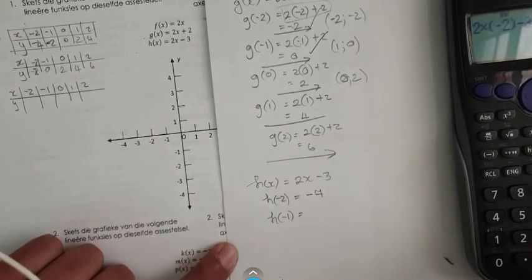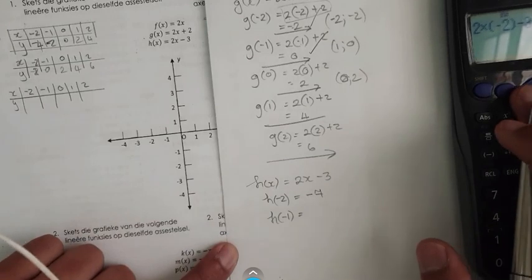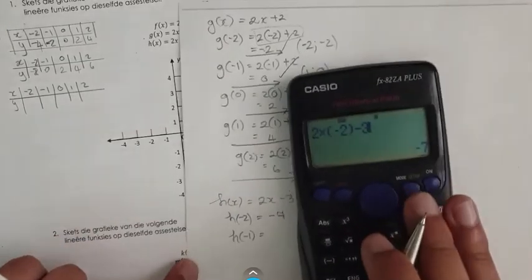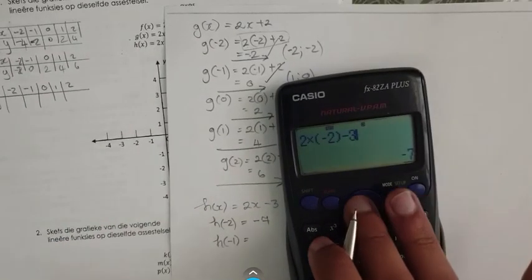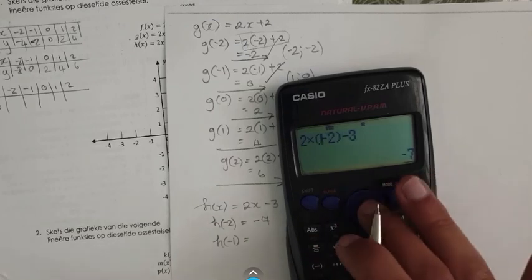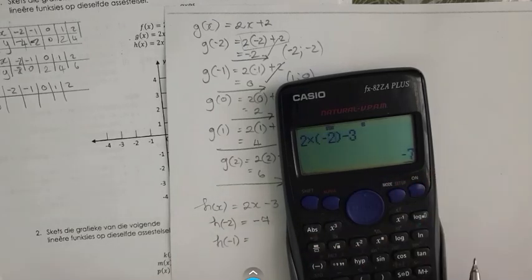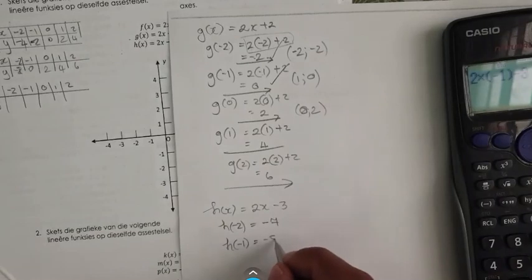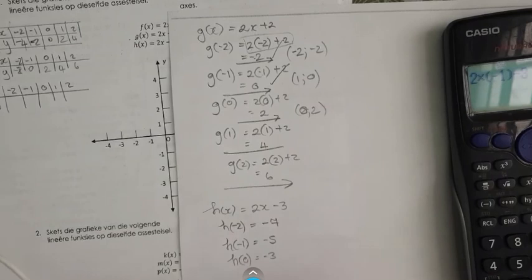Alright, so now I put in 2, and then I'm just going to substitute the values here. So I'm substituting that, it's not negative 2 anymore, it's negative 1. So my value is going to be negative 5. h of 0, I know my value here is going to be negative 3. h of 1, I think my value is going to be negative 1.